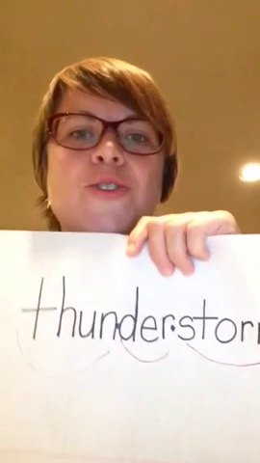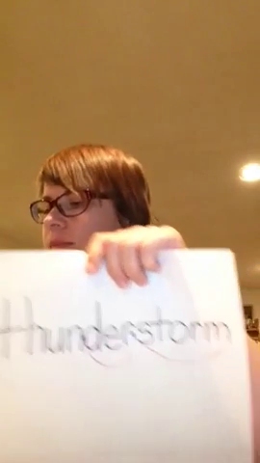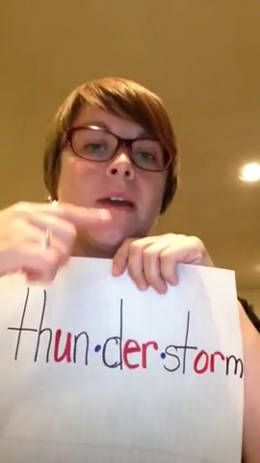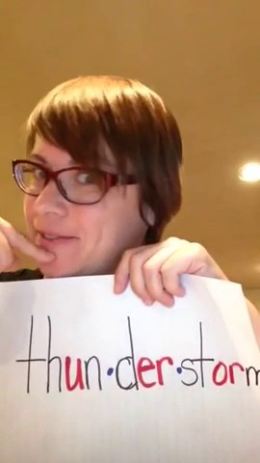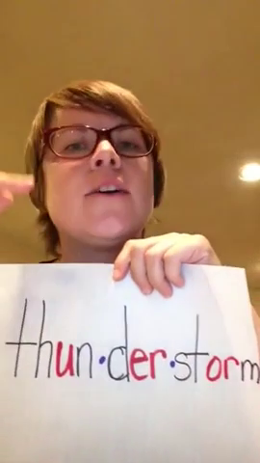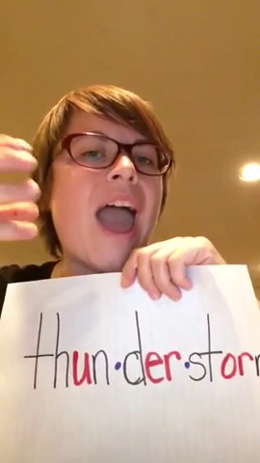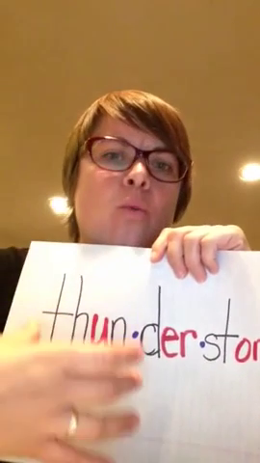storm. So let's really look at what's happening when we do this syllable break. So here is thunderstorm broken into syllables. Thunderstorm. Do you see the vowels in each syllable? This is the trick. You ready? To really understand how you as a reader will fluently decode multisyllable words, we're going to look at where the vowels are.